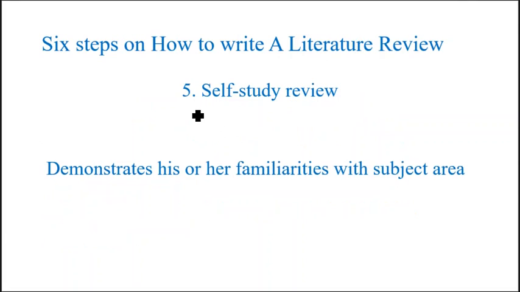And the fifth one we call a self-study review. Here, the author or researcher demonstrates his or her familiarity with his or her subject area. We can say it is often part of an educational program or a course requirement.